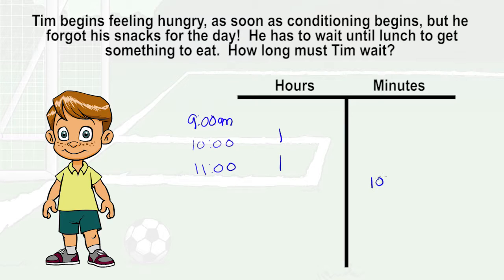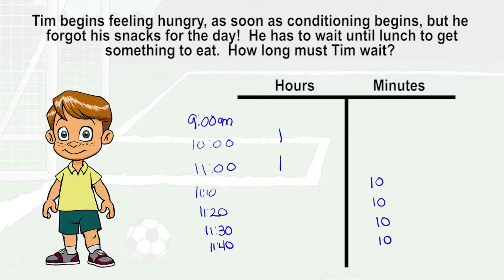So I'll add my first 10-minute chunk, which brings me to 11:10, a second 10-minute chunk bringing me to 11:20, a third 10-minute chunk which brings us to 11:30, and our last 10-minute chunk bringing us to 11:40.